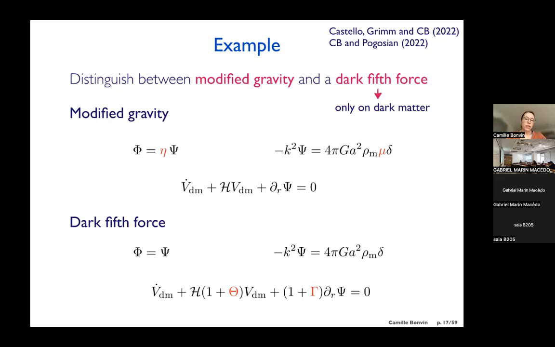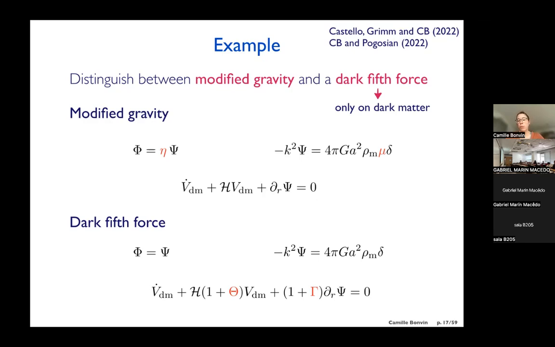And so when we modify the theory of gravity, if we work in the Jordan frame, then we don't modify the Euler equation. We don't modify the way the matter falls into a gravitational potential, because we can work in the Jordan frame where all the modifications are encoded into the change in the Einstein equation. On the other hand, if we have an additional force acting on dark matter, but we don't modify gravity, then we have the standard equations of general relativity.